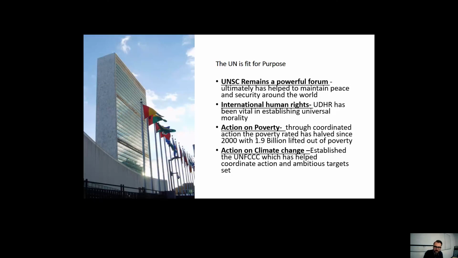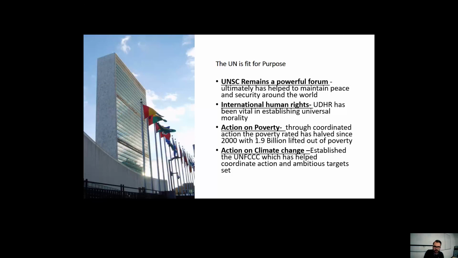So overall, it's really up to you to decide whether you think the UN has truly done anything to achieve its founding objectives as set out in Article 1. And really, I want you to think whether it has saved humanity from hell rather than taking it to heaven.